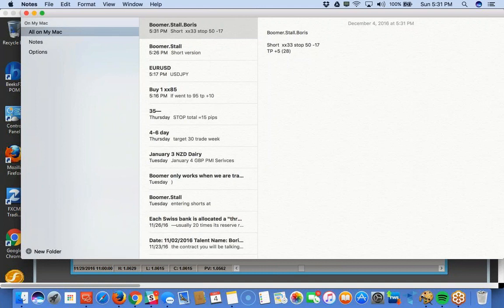Now, if it goes against me, I sell the next one up at 42, at plus 9 to the original structure. Still the same thing, stop is 50. So in this particular situation, I am minus 8 on the second position. And my take profit on the 42 is 7.